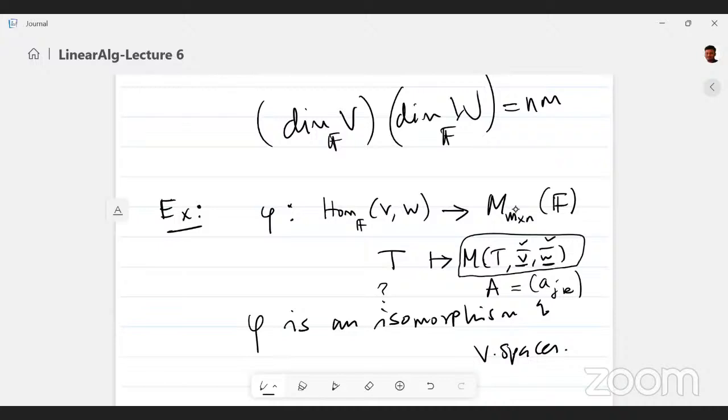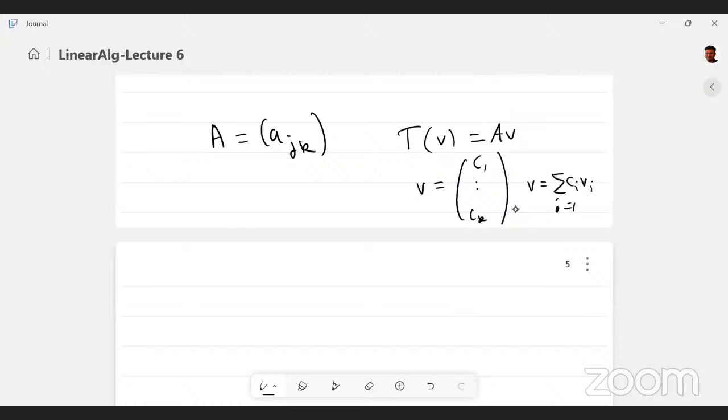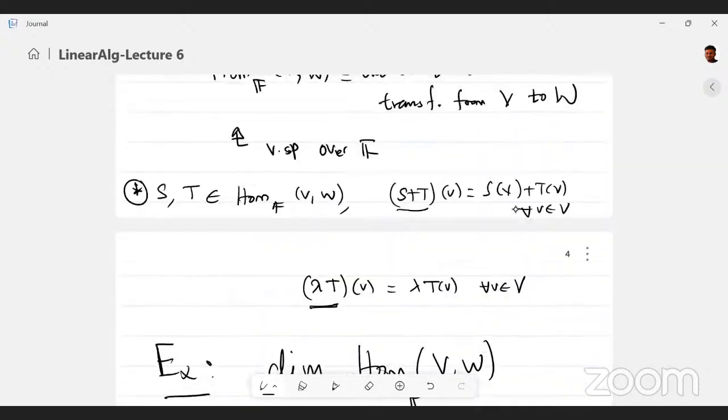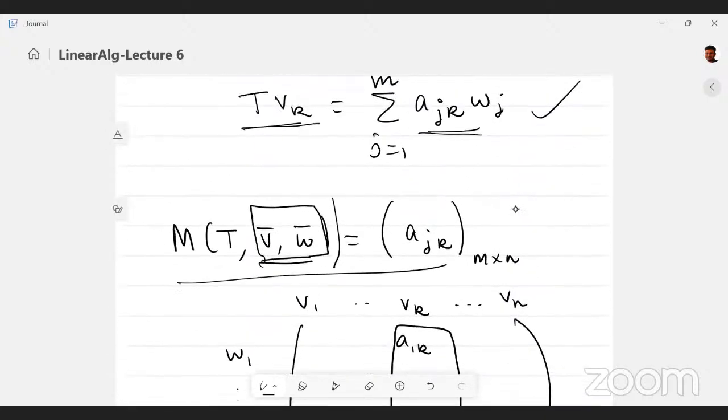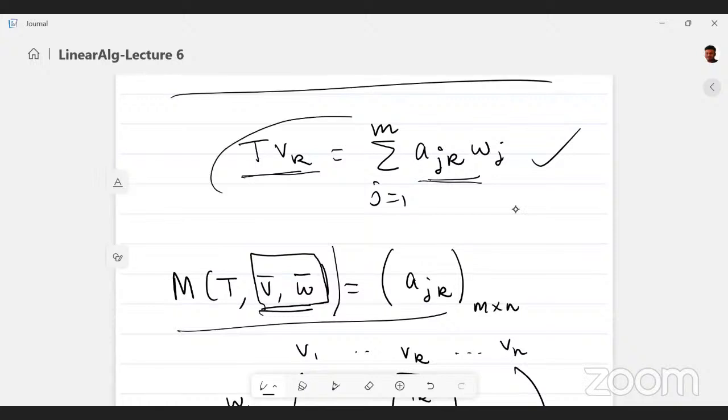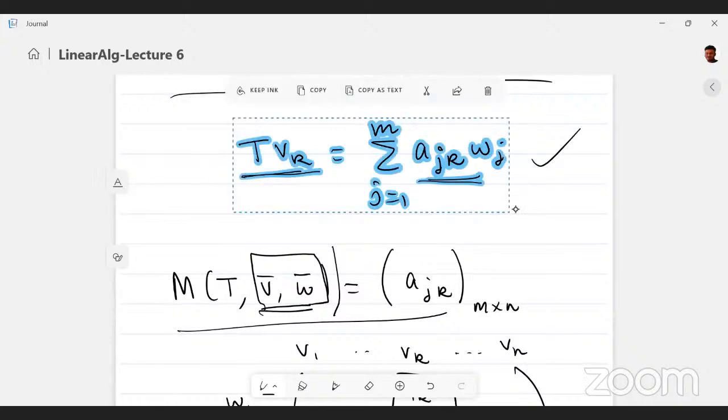That is very, very important. So I guess you are fixing the standard basis. T of Vk equals the summation of ajk Wj, the same thing we can take. If you go back to that original formula that helped us define the matrix, we can take that. There is no issue. Once you know ajk, then we know how to define Tvk.